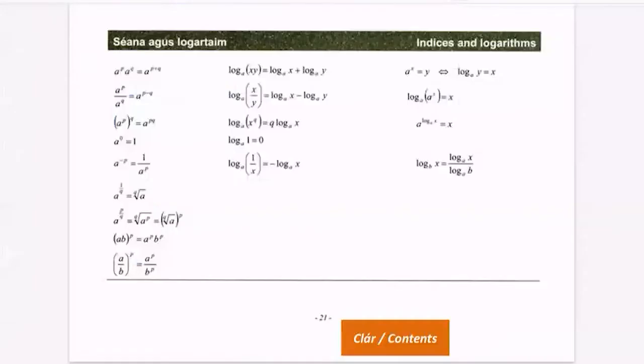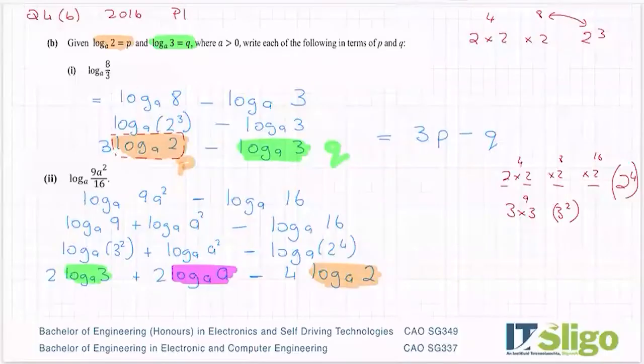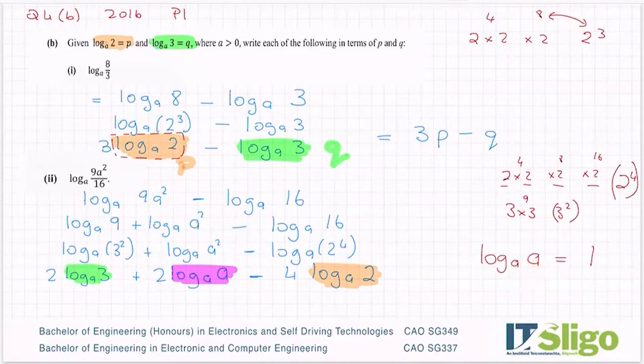Let me see, is that one in the rule book? No, it's not. But what you need to know in that case is when you have the same base as the number that you're getting the log of, you get 1. Log to the base a of a is 1.